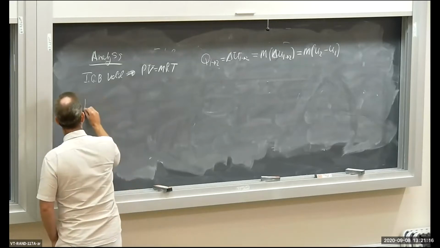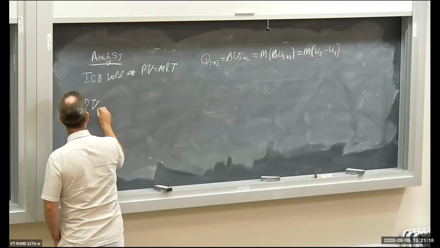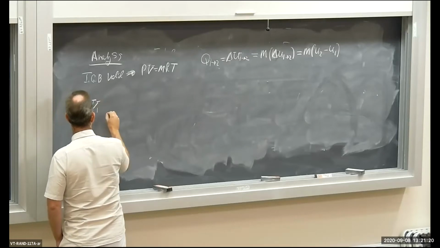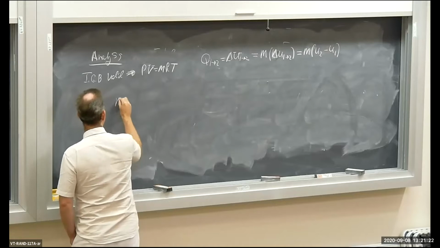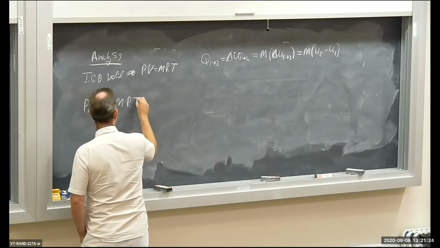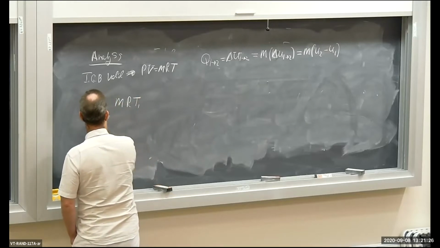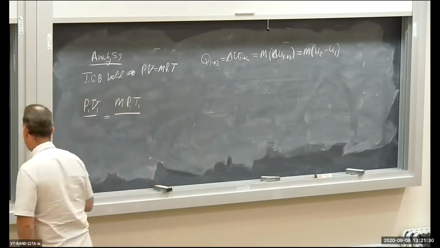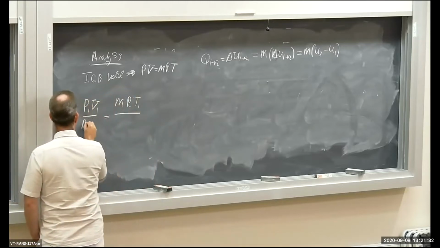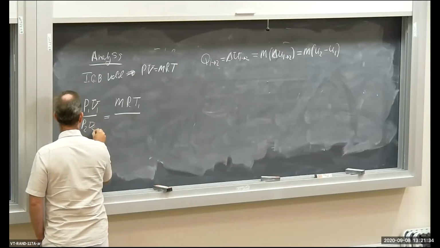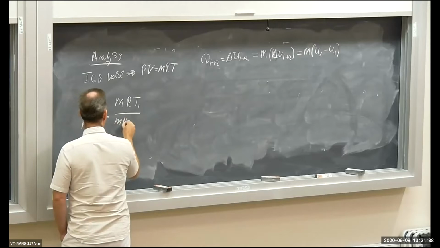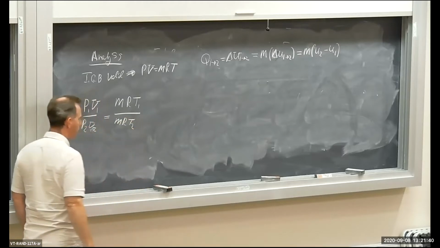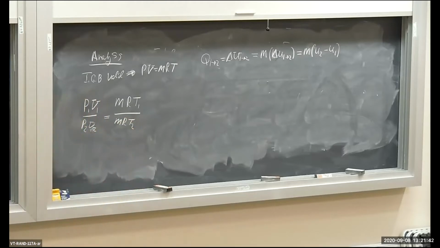P V1 equals m R T1. And now I'm going to divide it by the ideal gas law at state 2: P2 V2 equals m R T2. Now, a couple of things.